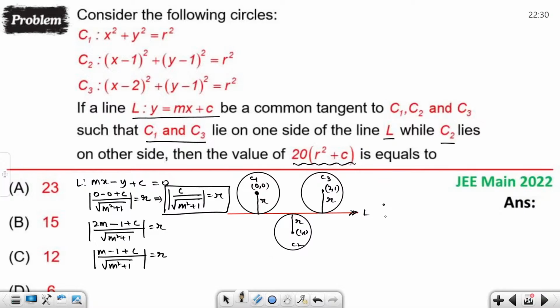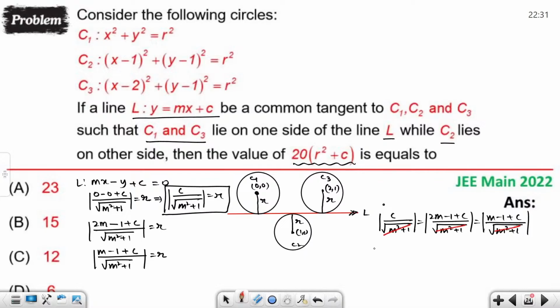Am I correct? So all these three expressions are equal to r. So can we say mod of c divided by root over of m square plus 1 is equal to mod of 2m minus 1 plus c divided by root over of m square plus 1, which is equal to mod of m minus 1 plus c divided by root over m square plus 1. Am I correct? So let me just cancel these three terms.